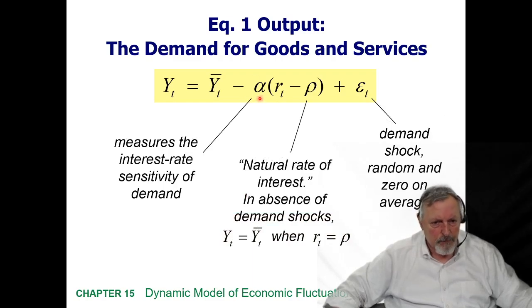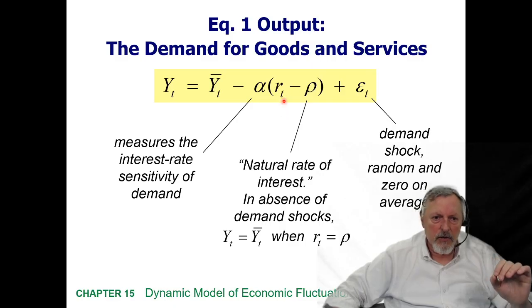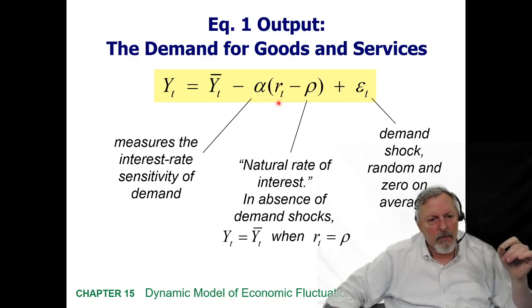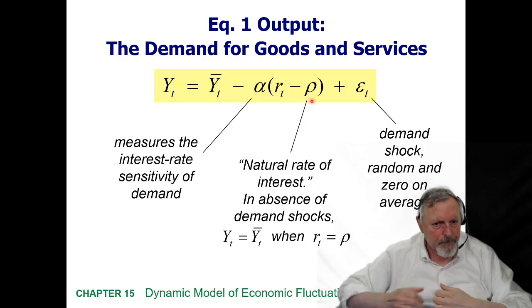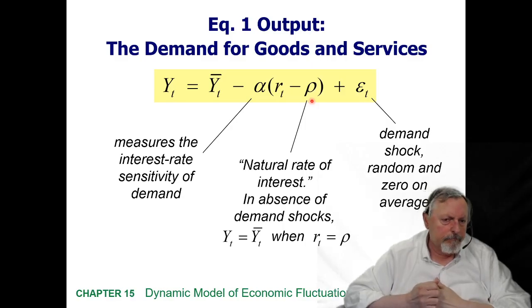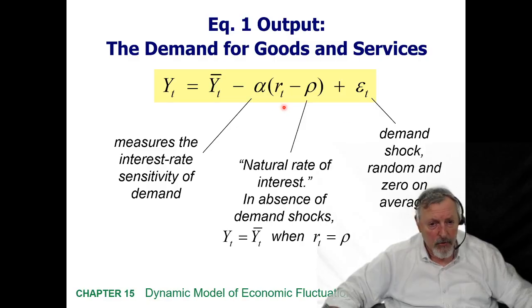The alpha term represents how sensitive output is to this difference, to the deviation of the interest rate from its natural rate. So it's a sensitivity parameter. Again, demand shocks will be zero on average over time.